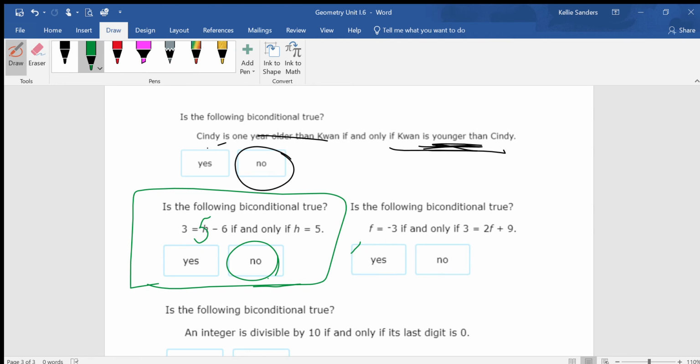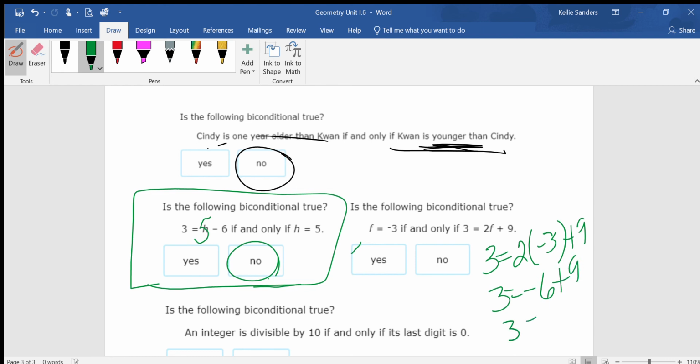So that's a no. Pretty much the same thing here. If I put a negative 3 here, and I do the math, 3 equals 3. So the only thing that can make this statement true is if f is negative 3. So that's a true statement.